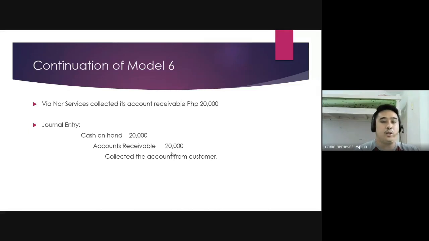So debit cash on hand 20,000 and credit accounts receivable, because the collectible decreased by 20,000. So we credit the accounts receivable also by 20,000. As the explanation, you have collected the account from the customer.